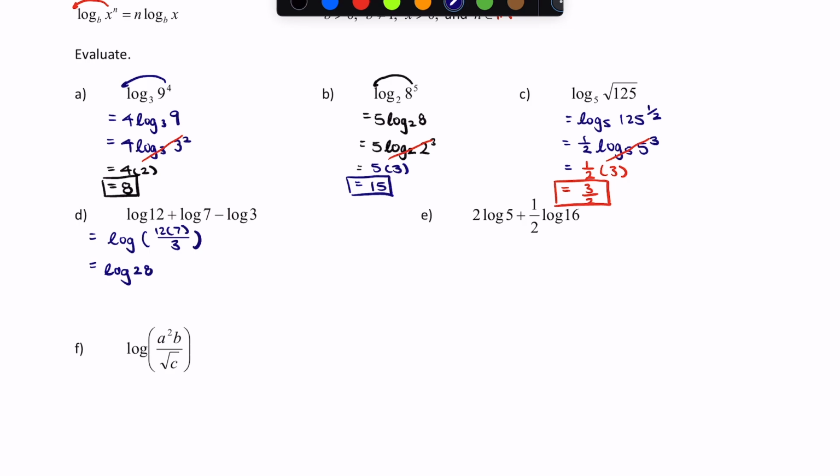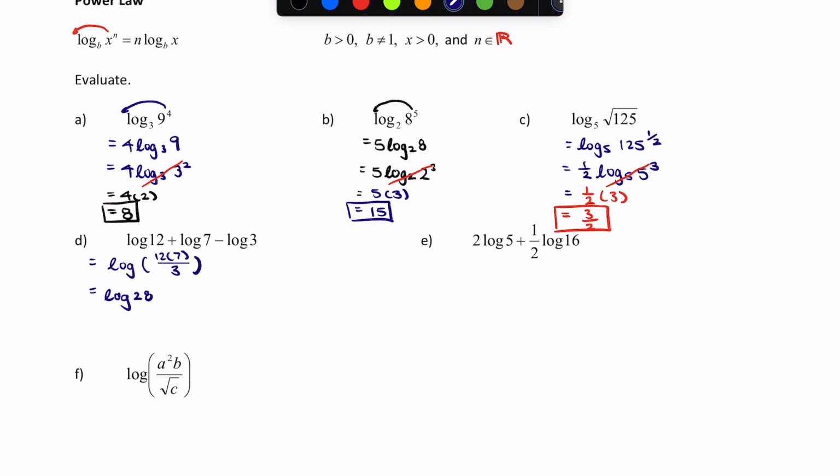Okay, let's continue here. Here we have 2 log 5 plus 1 over 2 log 16. If we reverse the power law, we can move the 2 up and move the 1 over 2 up as well.